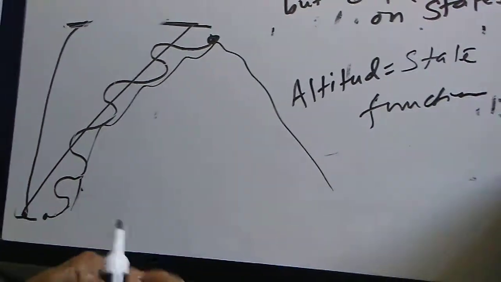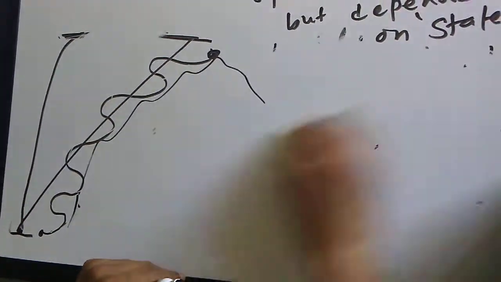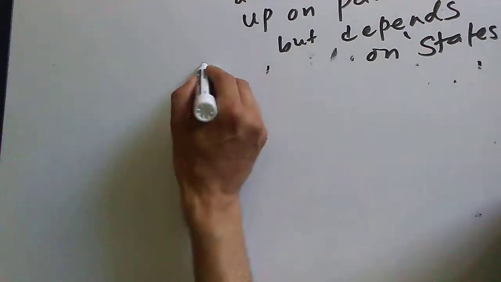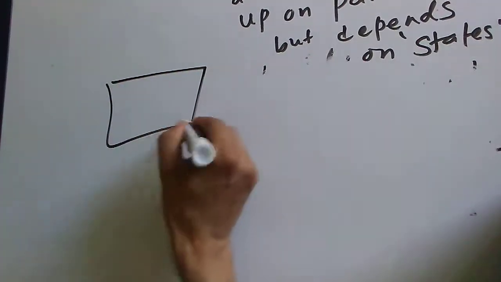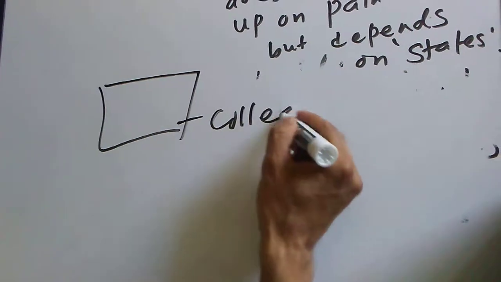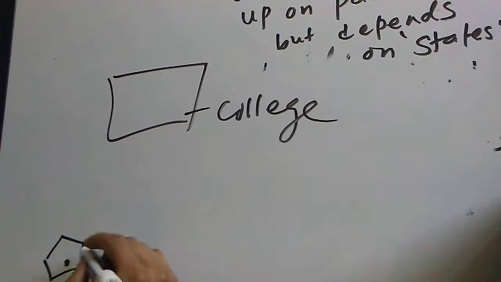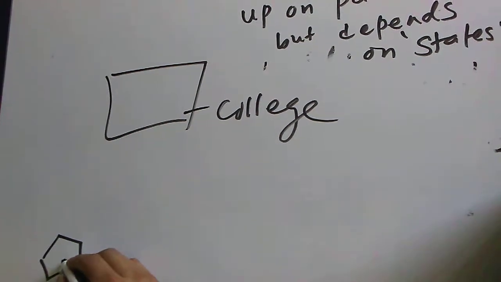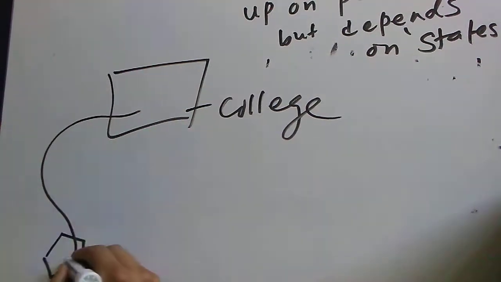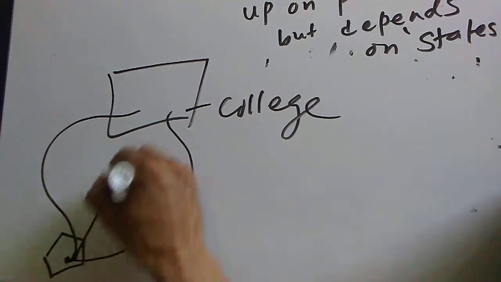There are other examples of state functions. For example, let's say this is your college, and this is your house. You may go from house to college by this route, or by this route, or by this route.